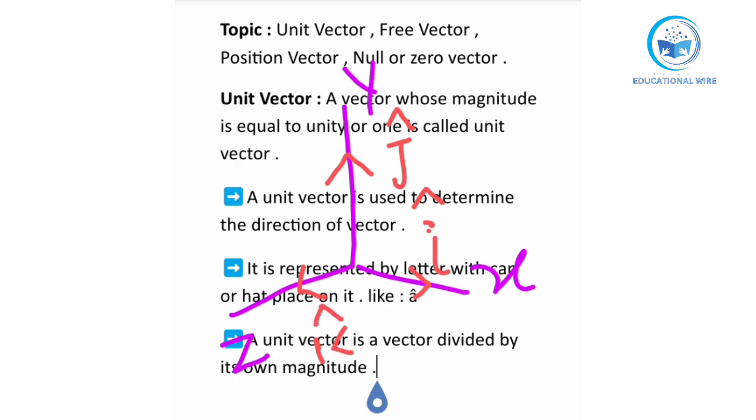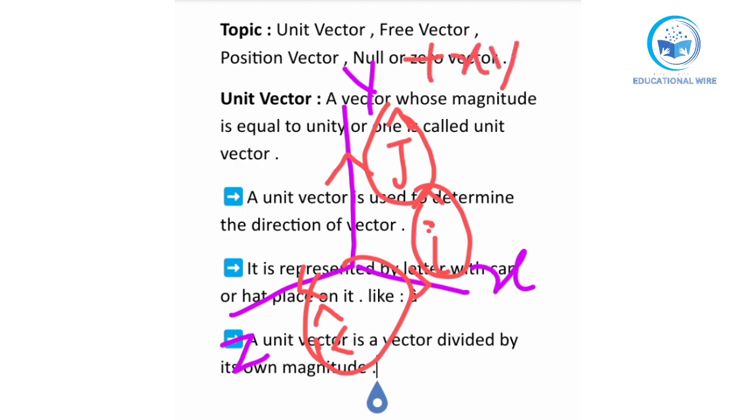The MCQ is that unit vectors i, j and k represent the direction of what? The answer is the direction of positive x, positive y and positive z axis. This represents the direction of positive x, y and z.